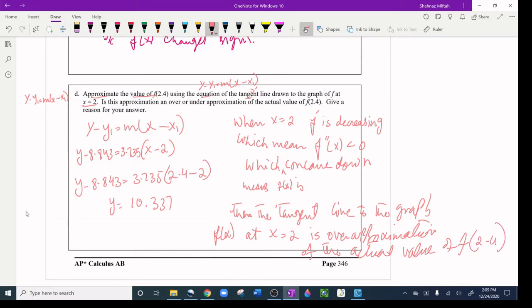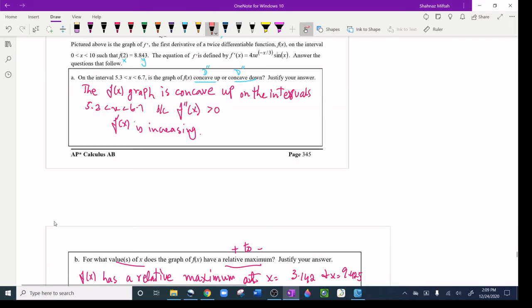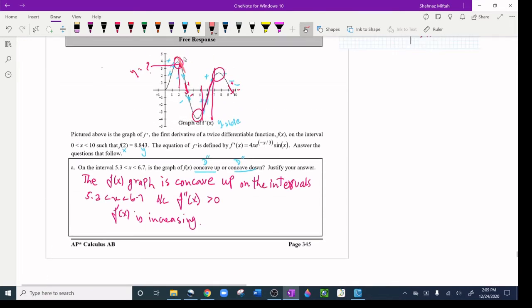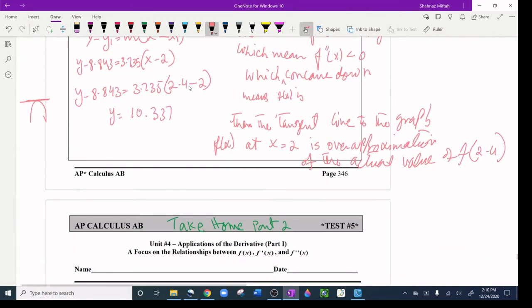Because if it's concave down like this, then it's an over approximation. And how I decided that, I drew a tangent line because concavity deals with the second derivative. So at x equal to 2, when you draw a tangent line, it's going to be negative. So that tangent line means it's negative, then it's concave down.